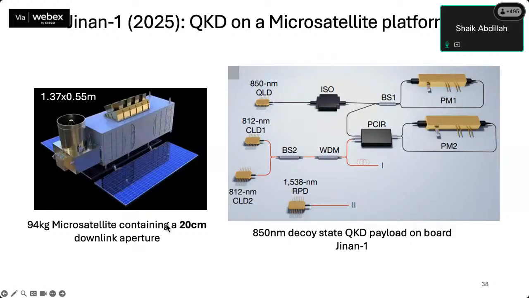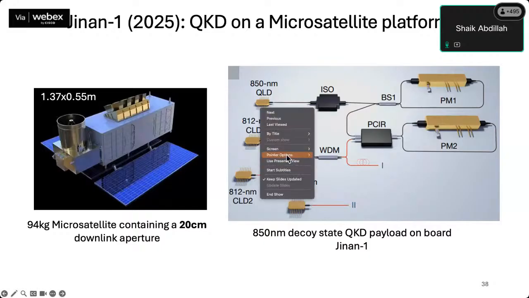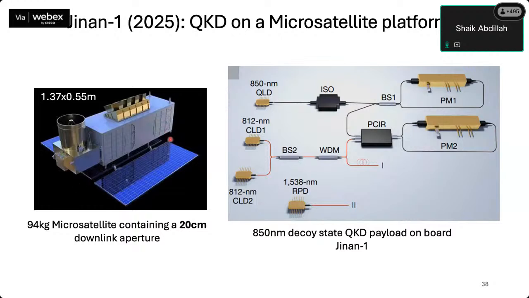So they used a 20 centimeter aperture, and I think the total length of this was, so let me just use the laser. Right. So the total length of this was only about 1 meter by half a meter, and it only weighed about 94 kilograms. And they used an updated version of a decoy state QKD payload that uses a VCSEL array, similar to the one that was shown previously, so that it does not require 8 diodes to perform this experiment.